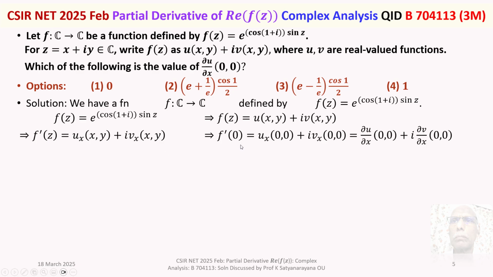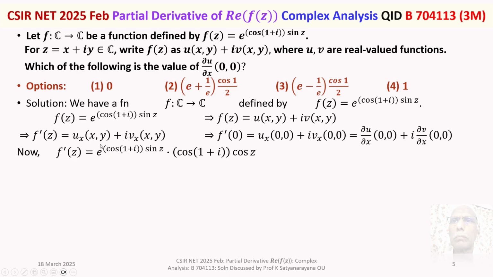Substitute z is equal to 0. When you substitute z is equal to 0, you have to substitute the ordered pair (x,y) as (0,0). So this implies f prime 0 is equal to u_x at (0,0) plus i v_x at (0,0). This is same as del u by del x at (0,0) plus i times del v by del x at (0,0).